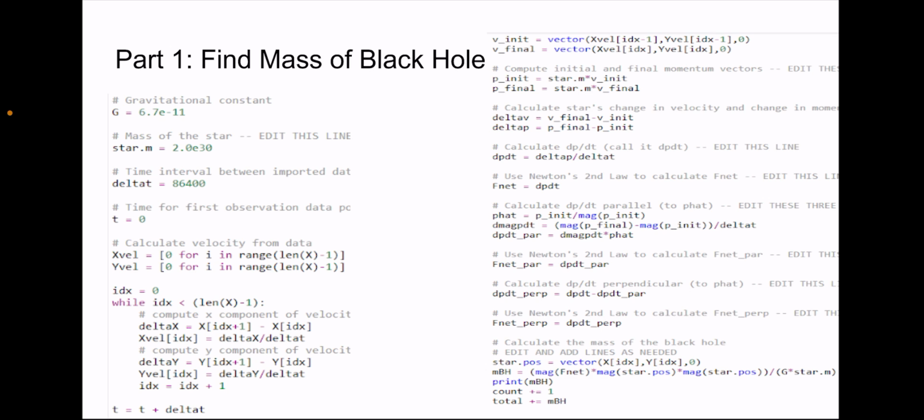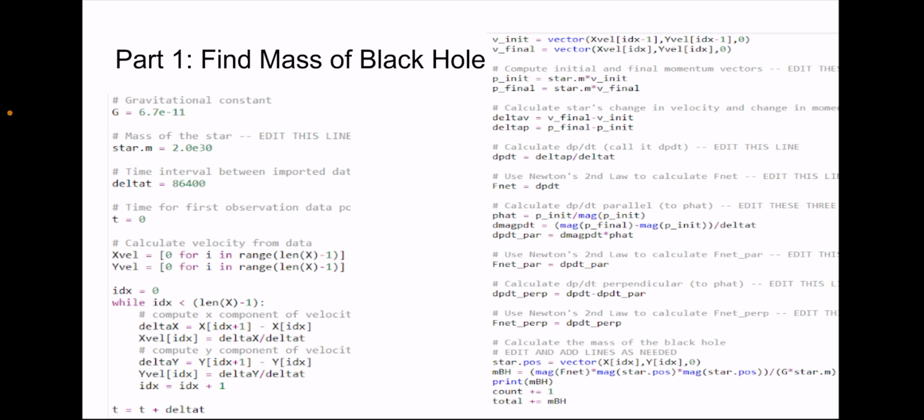All we know is the gravitational constant G, the mass of the star M, the time intervals, delta T, and for this lab, we're going to be using a day, which is represented as 86,400 seconds. We have in the top right corner the initial velocity as well as the final velocity, and we're going to compute the initial and final momentum vectors.